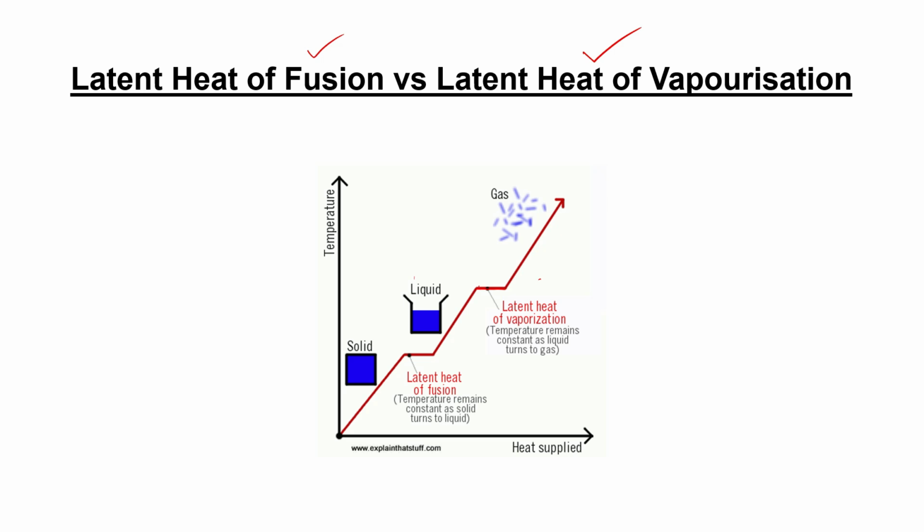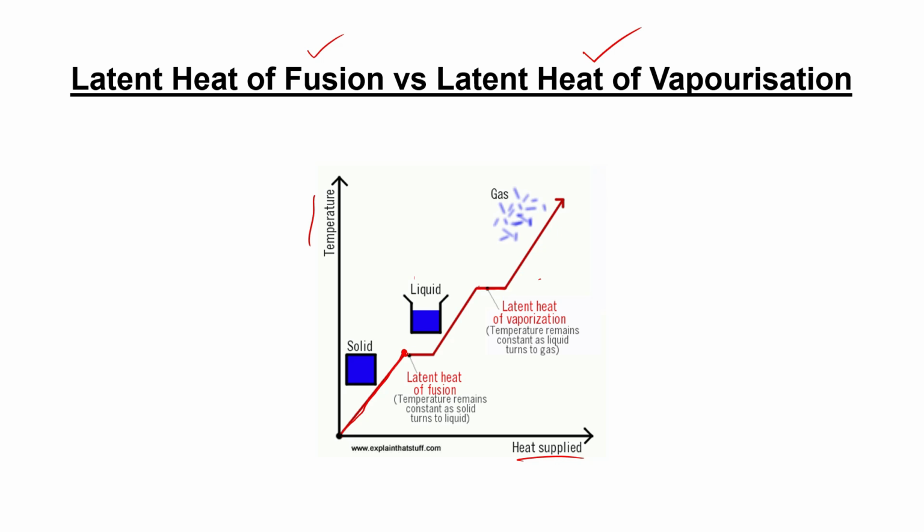So if you draw that in a temperature and heat supplied graph, you can see that on the x-axis you have the heat supplied and on the y-axis you have the temperature. In the case of a solid, when the heat is applied, its temperature gradually rises, and finally it will reach a point that is the saturation point.